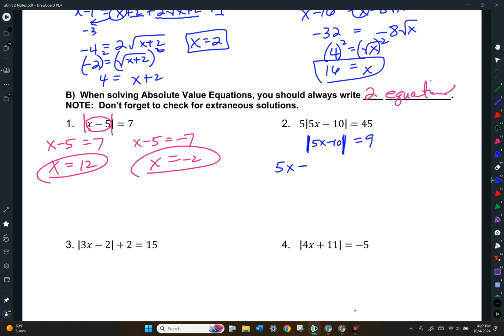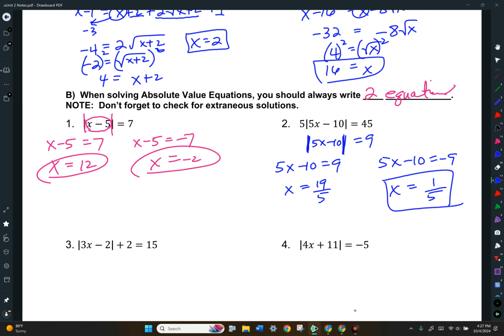So either 5x minus 10 equals 9, or 5x minus 10 equals negative 9. So add 10 and divide by 5. Over here, if I add 10, I'm going to get 1 and divide by 5. So again, I always get the absolute value by itself first.